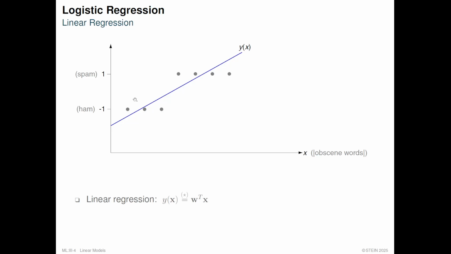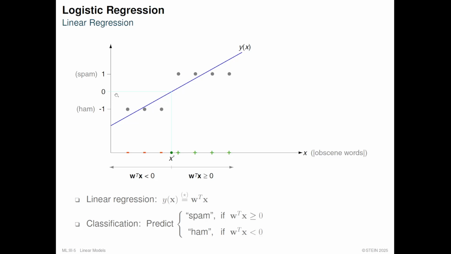And now the question is, where would you put the boundary between spam and ham in this case? And a pretty straightforward way would be to just take it as 0. So everything that's below this line and also thus left of this line is supposed to be ham, and everything on the right is supposed to be spam.